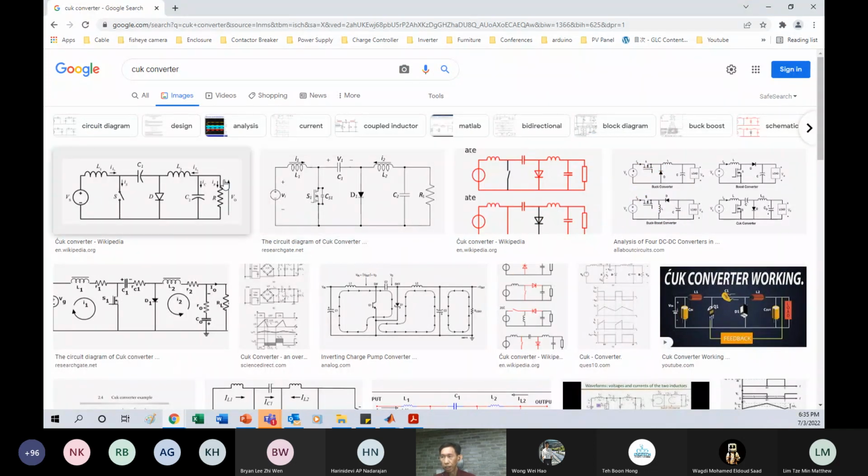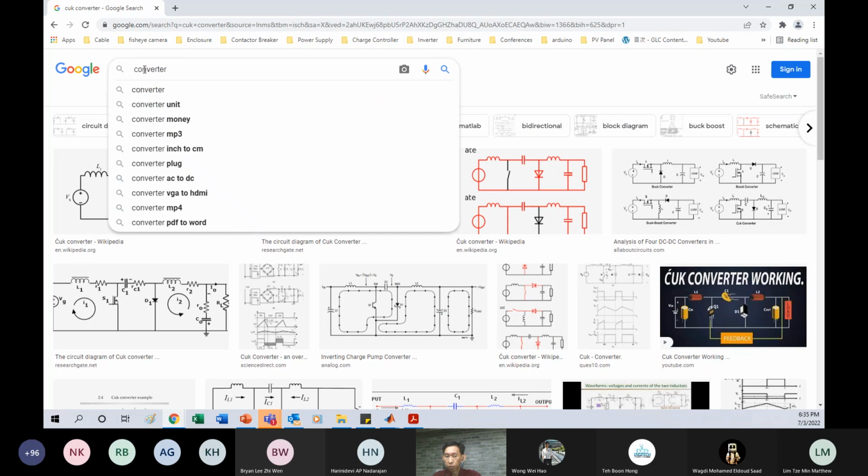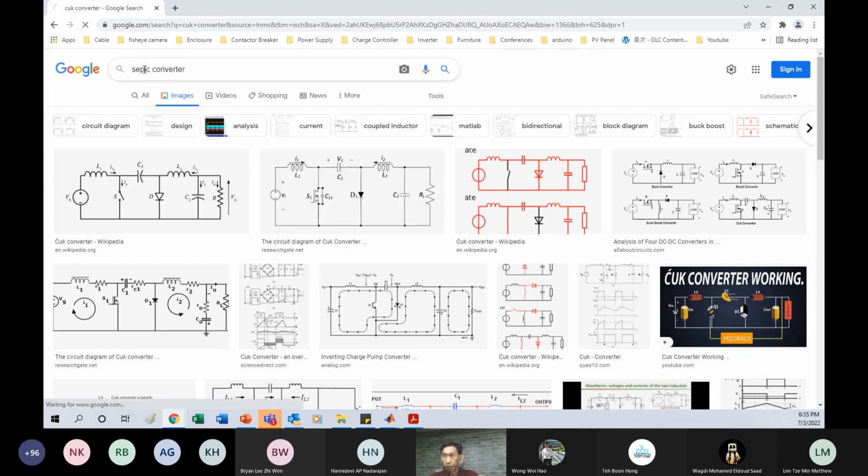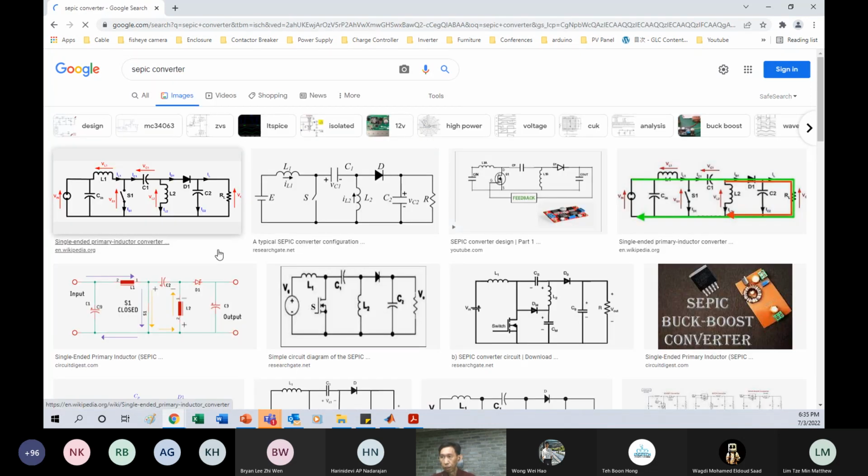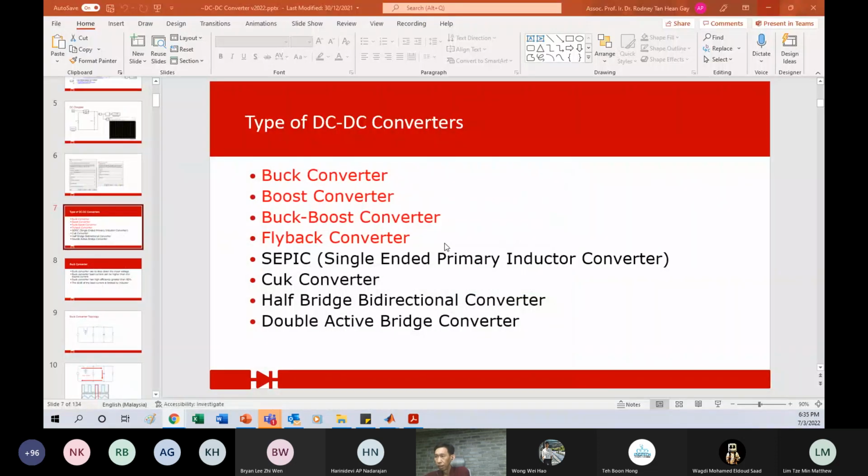Cuk and SEPIC will have two inductors instead of one, and two capacitors. So it's a second order system. But there is always one switching transistor. The rest, buck, boost, all these are the basic principles.